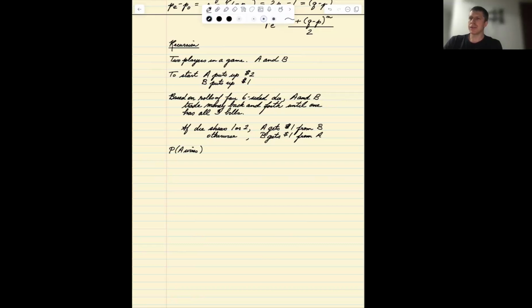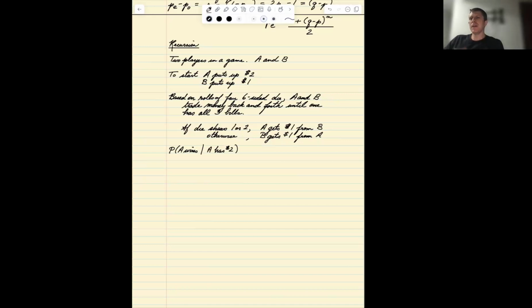We want to set up a recursion. What does that mean? Well, it's really our only hope here. A can win in a couple ways, right? A can either win on the first roll, or if A doesn't win on the first roll, then the game continues. What we have to remember is the starting state: what's the probability that A wins the game, given that A has $2 in his pocket?